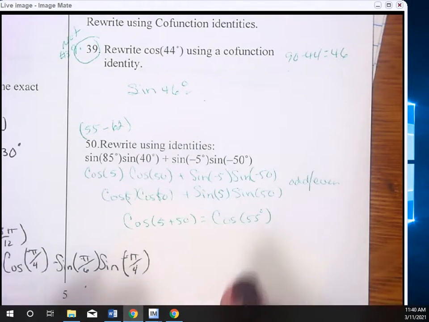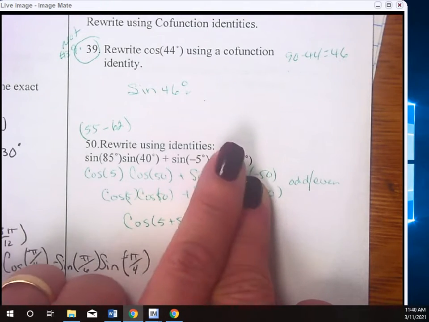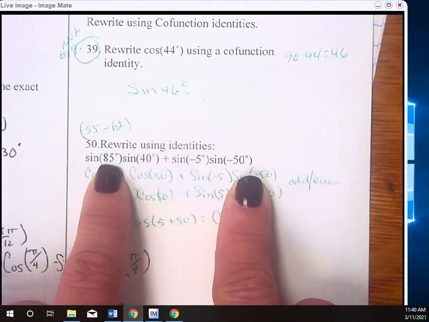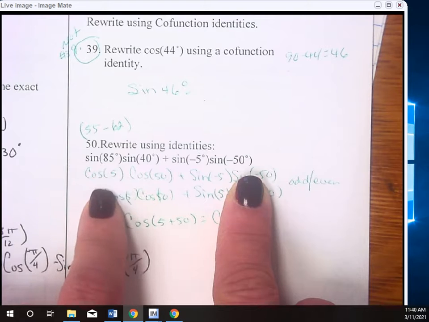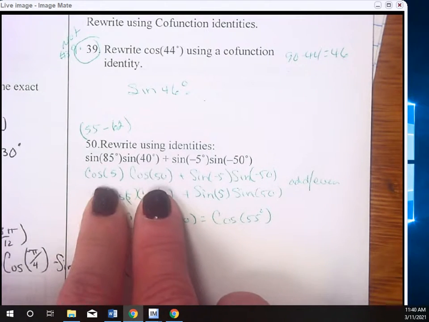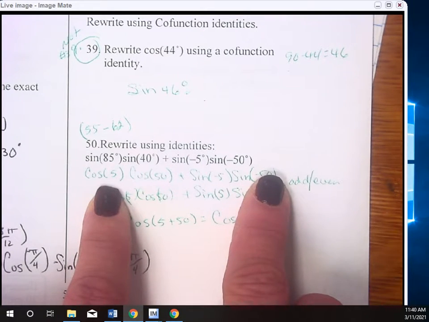Since I already have this side as a sine, sine, I need to convert these two to cosines. So I'm going to use my cofunction. 85 from 90 is 5. 90 minus 40 is 50. So now it's cosine 5, cosine 50. Those two stay the same.